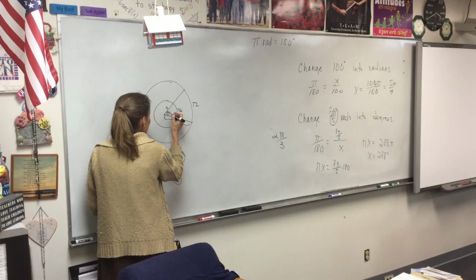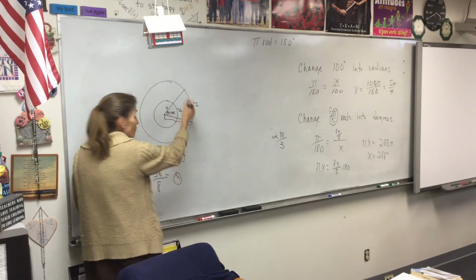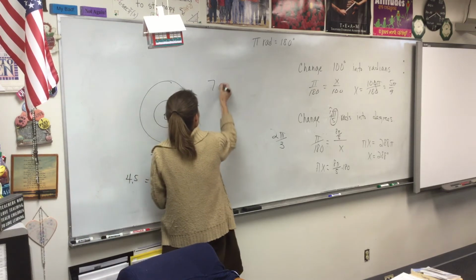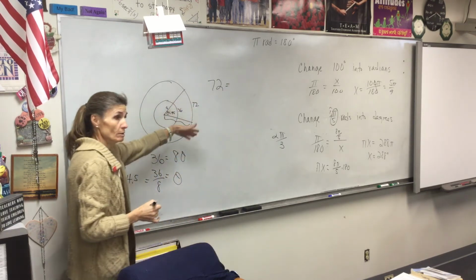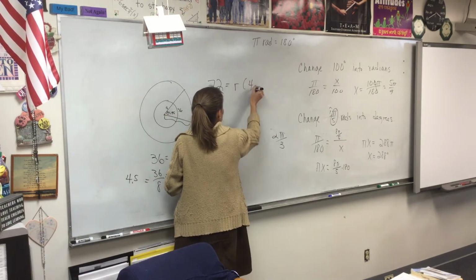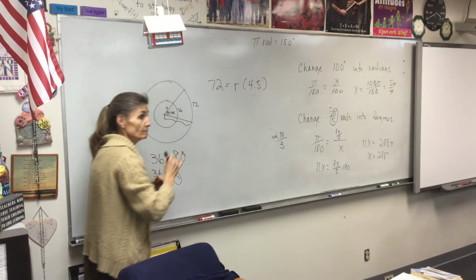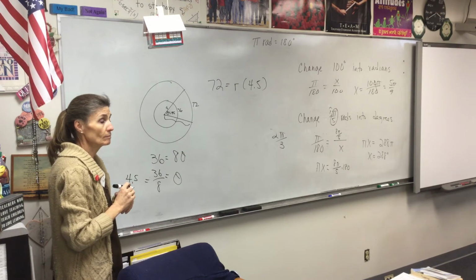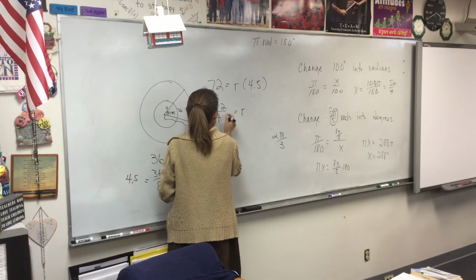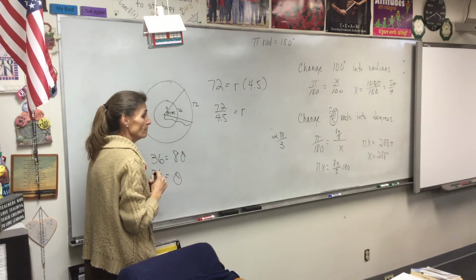Now, isn't that the same angle for the big arc? So 72 equals, I don't know what the radius is, but I know the angle is 4.5. So the radius is 72 divided by 4.5, which is what?